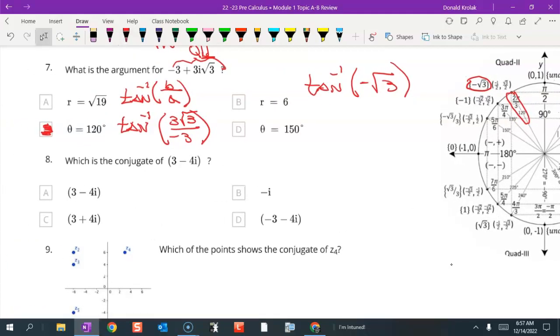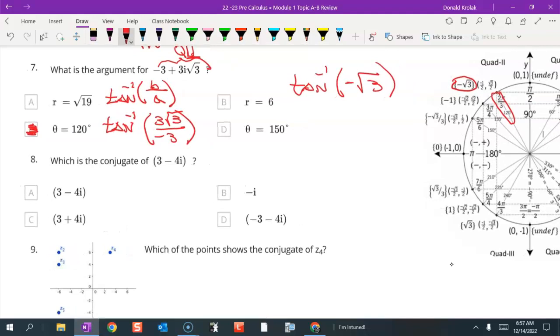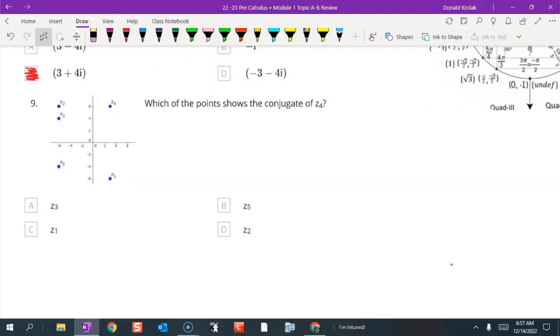Okay, what is the conjugate of 3 minus 4i? Well, that's simply 3 plus 4i. Okay, which point shows the conjugate of z4? Well, when you do a conjugate, it's going to flip it over the real axis.